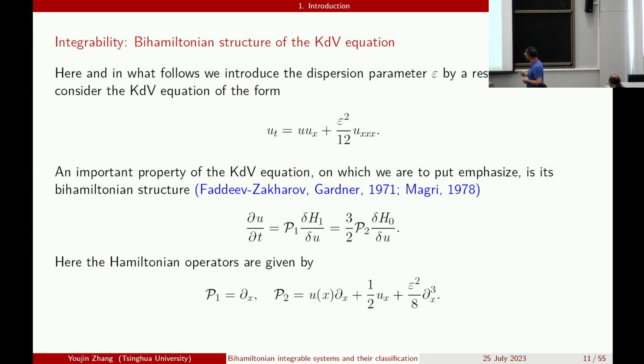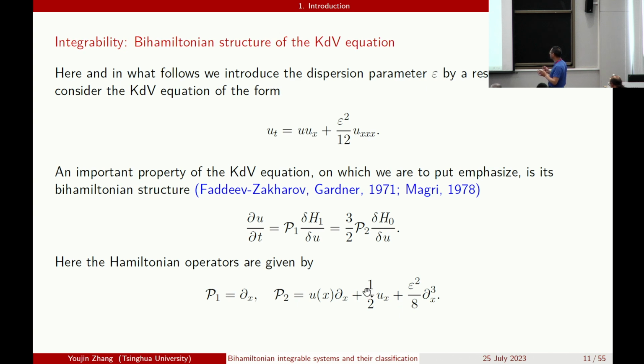This means that the KdV equation can be represented as some Hamiltonian operator acting on the variational derivative of some Hamiltonians. The Hamiltonian operator P1 just equals d/dx, and P2 is the third order x derivative.